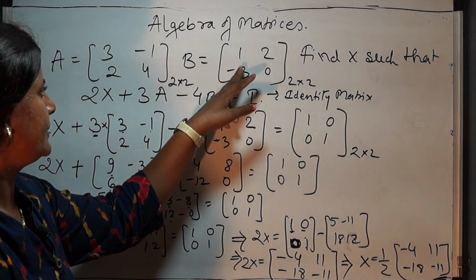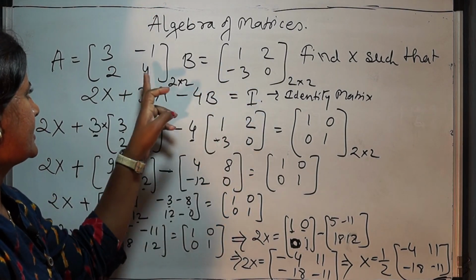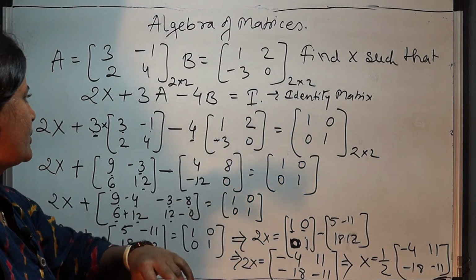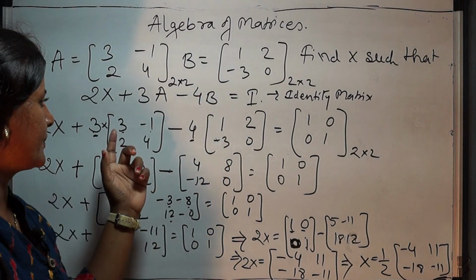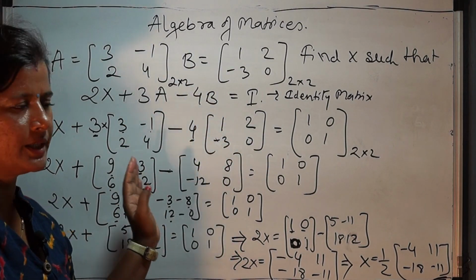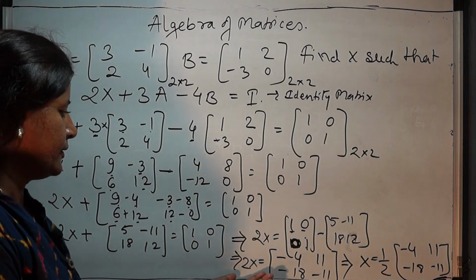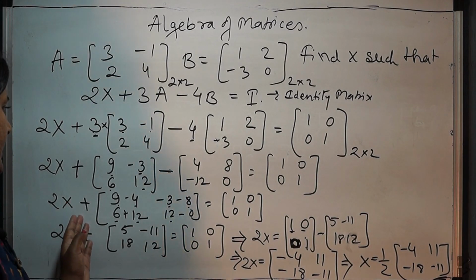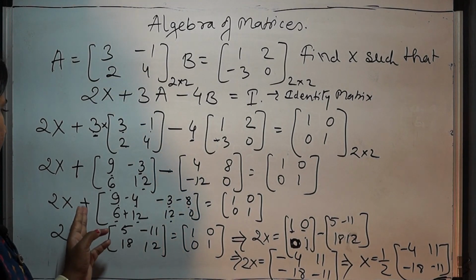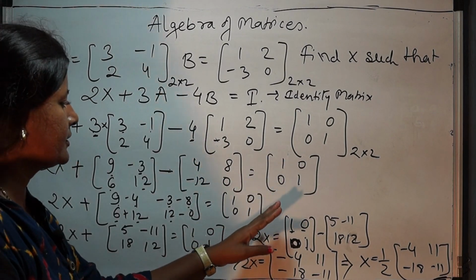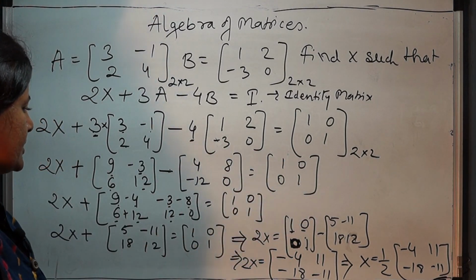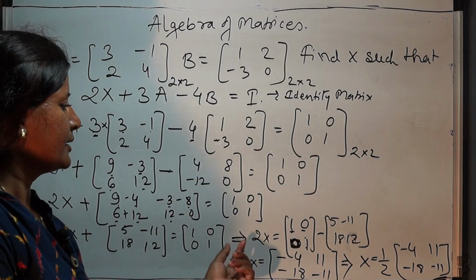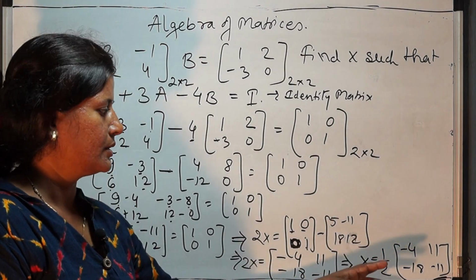We just substituted the matrices in this expression, and since both the matrices are 2 by 2, we took the identity matrix also 2 by 2, and did normal multiplication, addition and subtraction with these matrices. Just general maths rules. When a positive matrix goes to this side of equal to, it becomes negative. And when a multiplier is there, it will go here in division. So this is the answer.